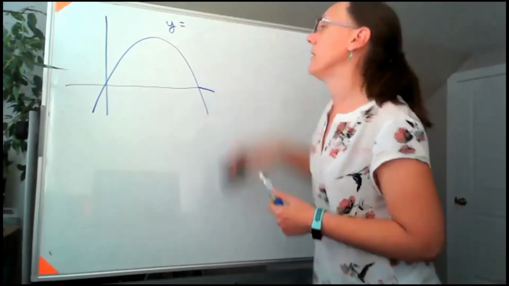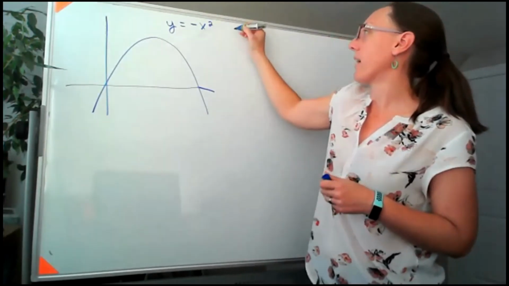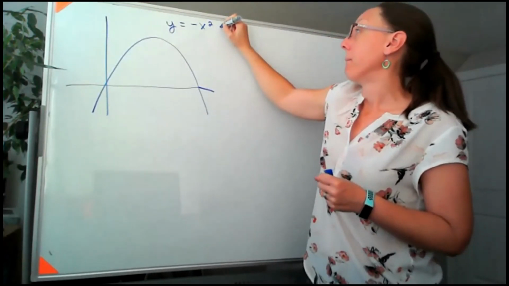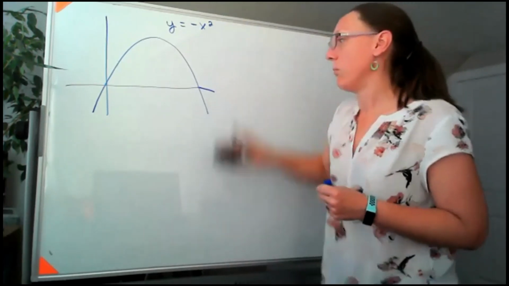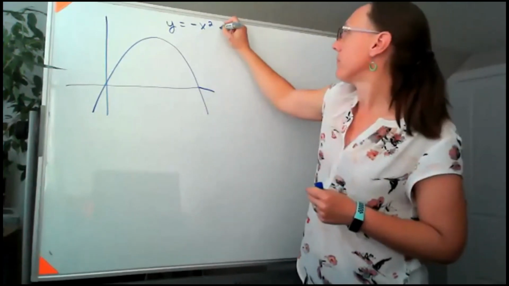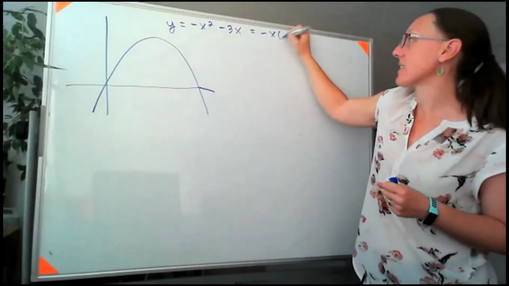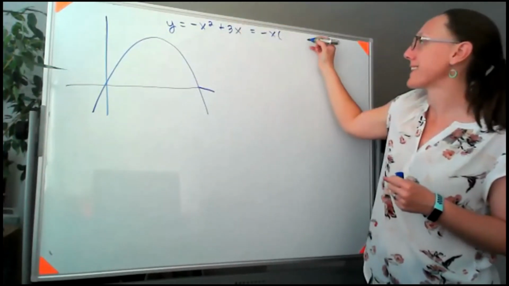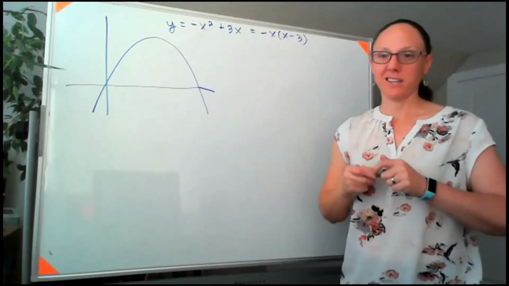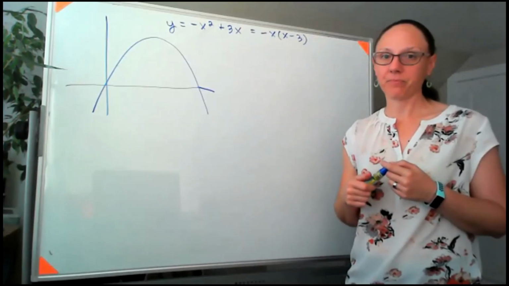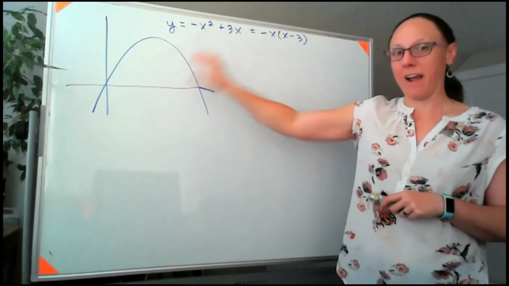Why don't I make this y equals -x² minus 3x, which I think should factor as -x times, nope, I was right the first time, plus 3x, -x times x minus 3. That's how that ought to factor. -x² plus 3x, yes. Okay, so this graph matches that picture.